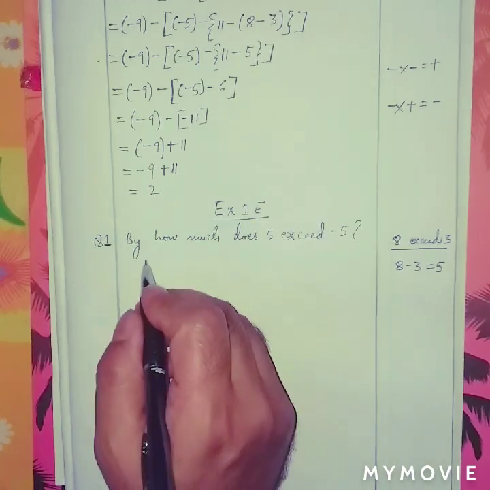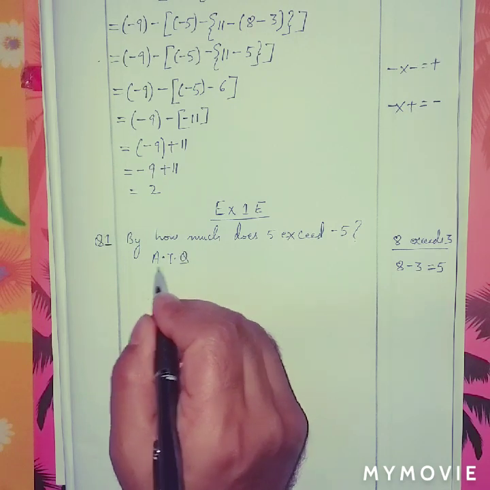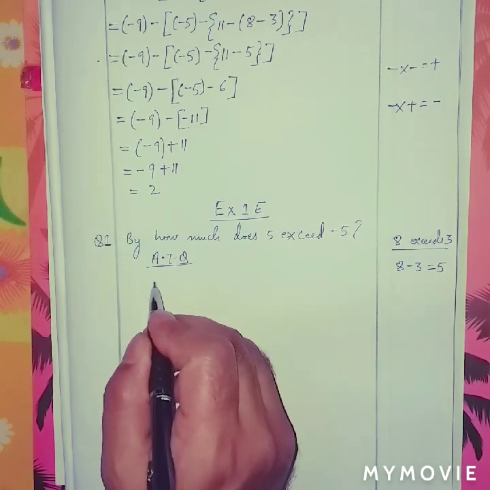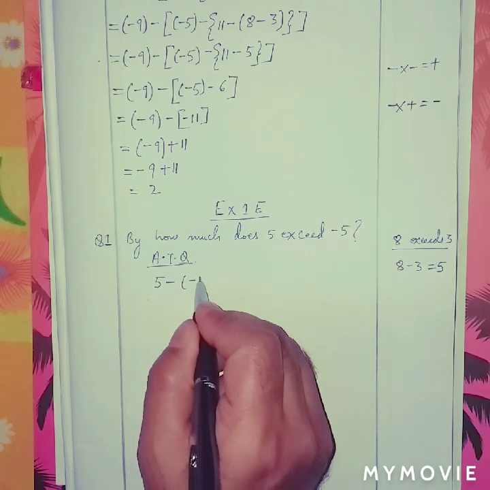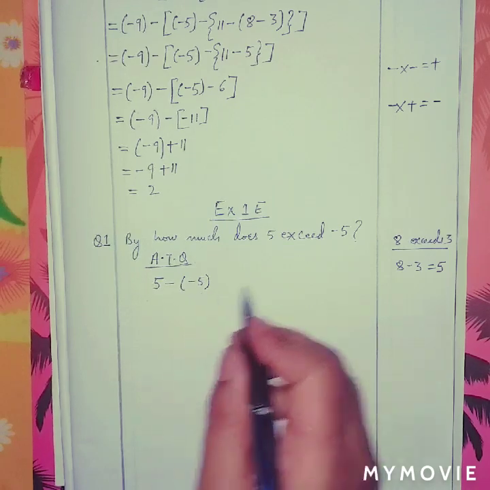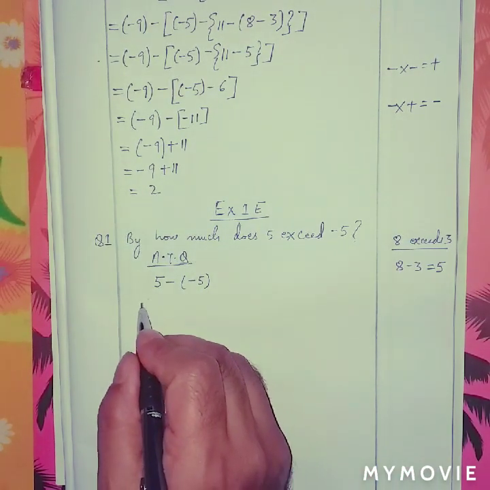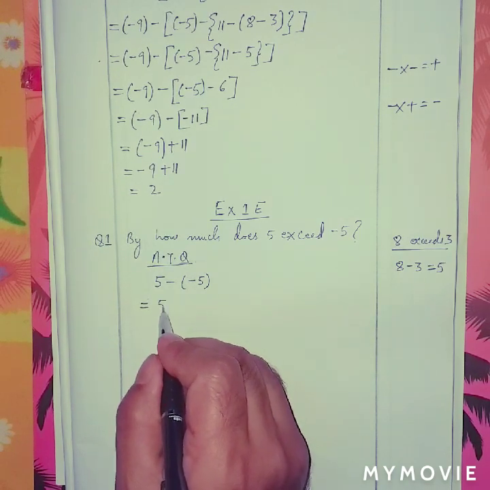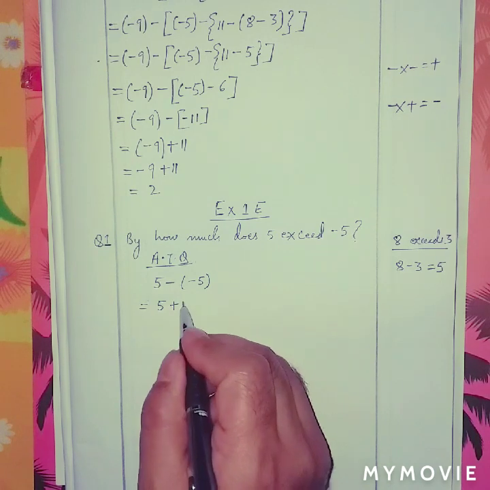So according to the question, we can write the expression 5 minus this number, the negative number, inside the bracket. As this is a negative number, we write it inside the bracket. After opening the bracket, the sign changes: minus into minus becomes plus, and 5.